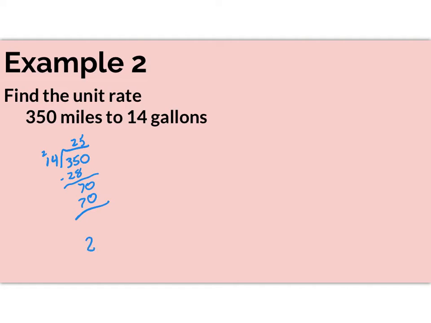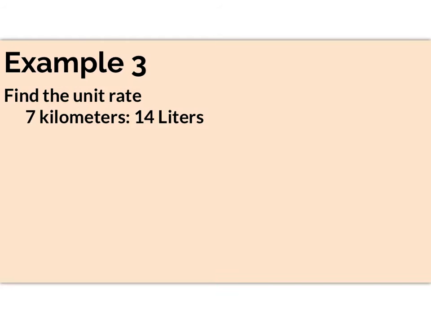So you get 25 miles to 1 gallon. And I'm writing this as an improper fraction just to show you that the denominator, or the bottom, is 1. Whenever you have a unit rate, the bottom must be 1.